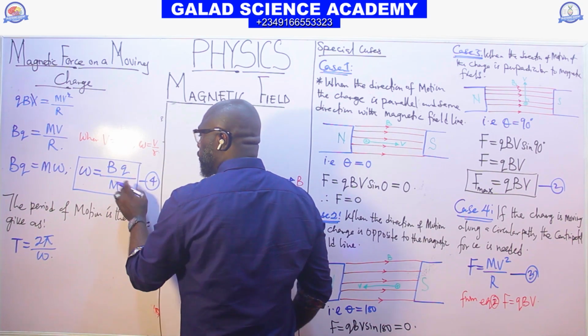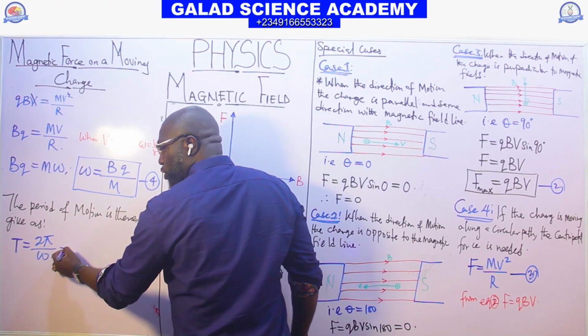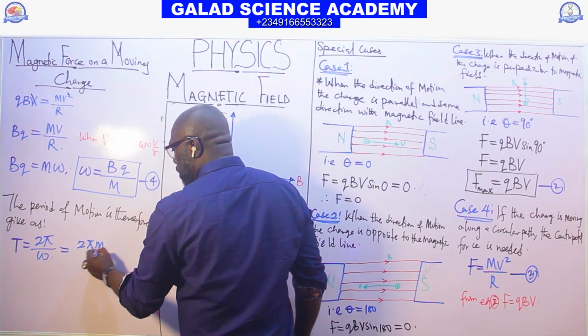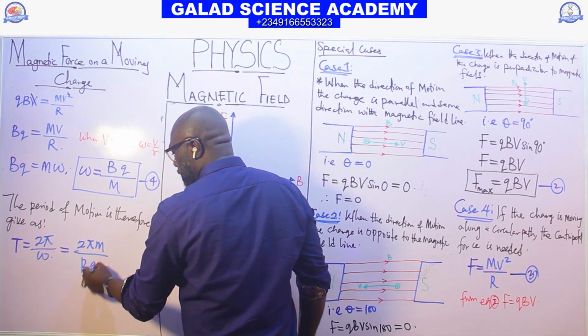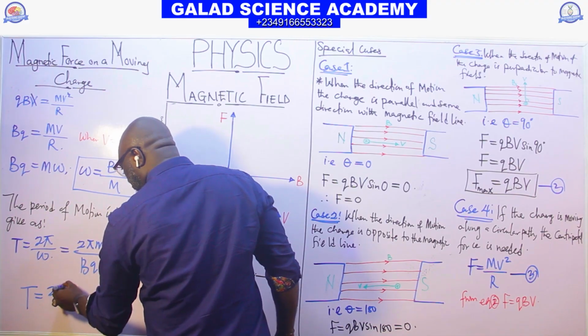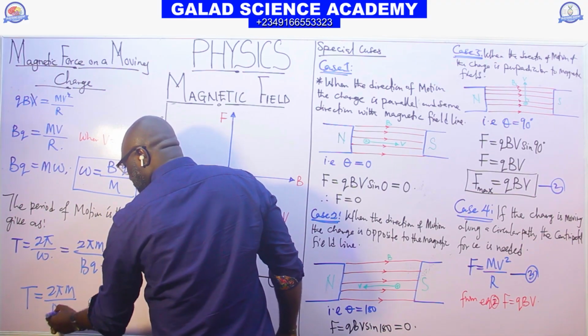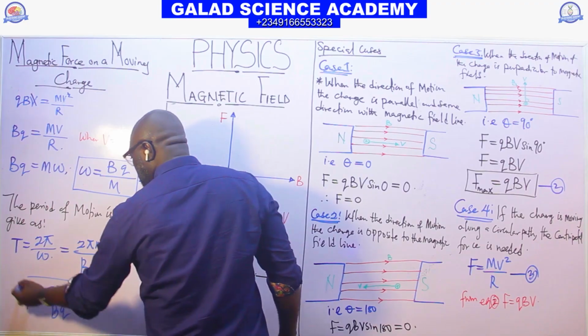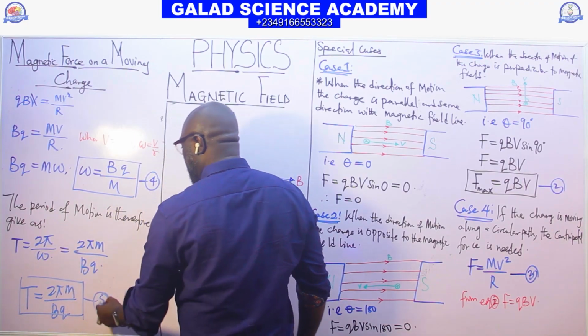So by substituting for this omega here, we have 2 pi m over BQ. Finally, the period here is 2 pi m over BQ. So this is equation 5.